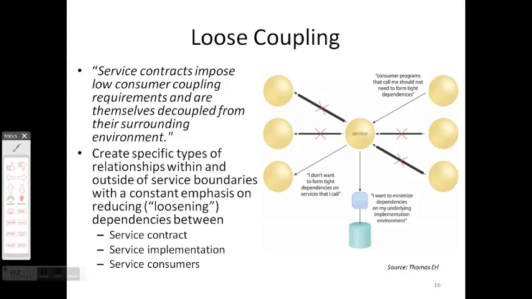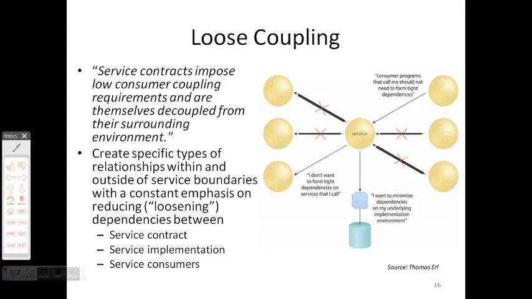They focus on the areas of functional expression, data expression, and policies. Loose coupling means that service contracts impose low consumer coupling requirements and are themselves decoupled from their surrounding environment.